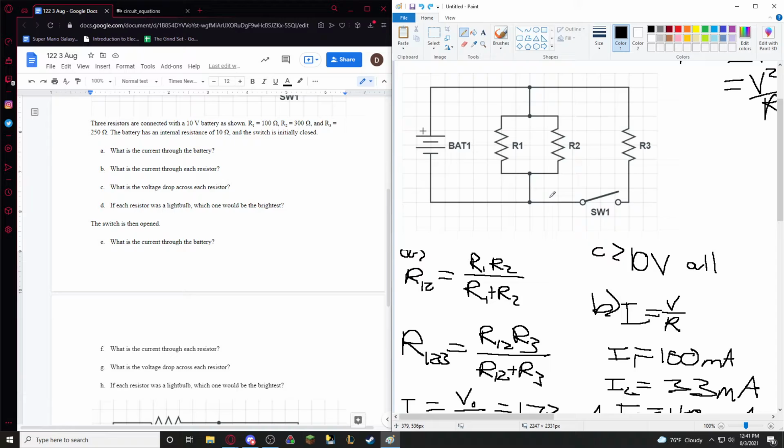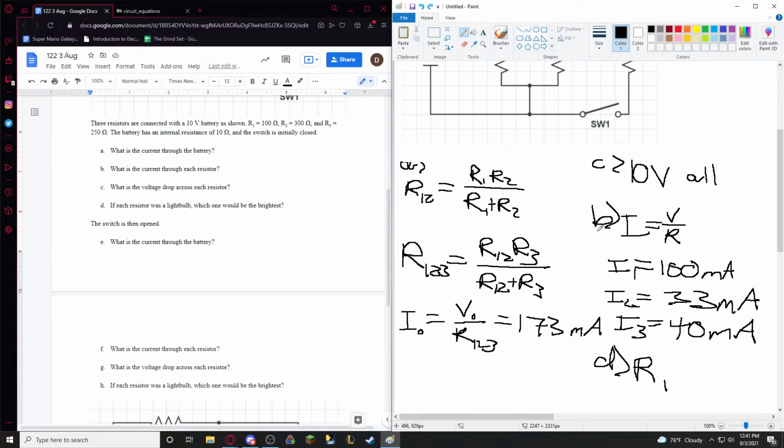I don't understand. Yeah, I'll be honest. Don't try to memorize this, like, oh, we disconnect resistors and the current goes down. I recommend calculating R123 or R12 every single time and double checking. By doing the calculations, I could see it's definitely decreasing.